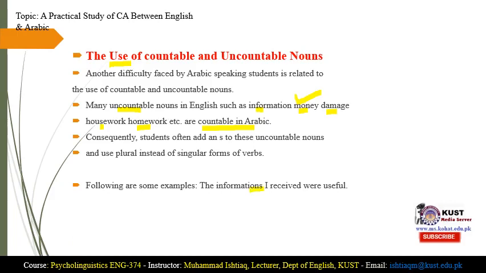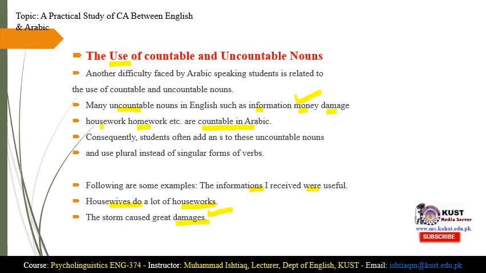And housewives do a lot of houseworks. Not possible in English. The storms caused great damages. No, the storm caused great damage. Yes, the word damages can be used, but it will have a very different meaning rather than the plural of damage.